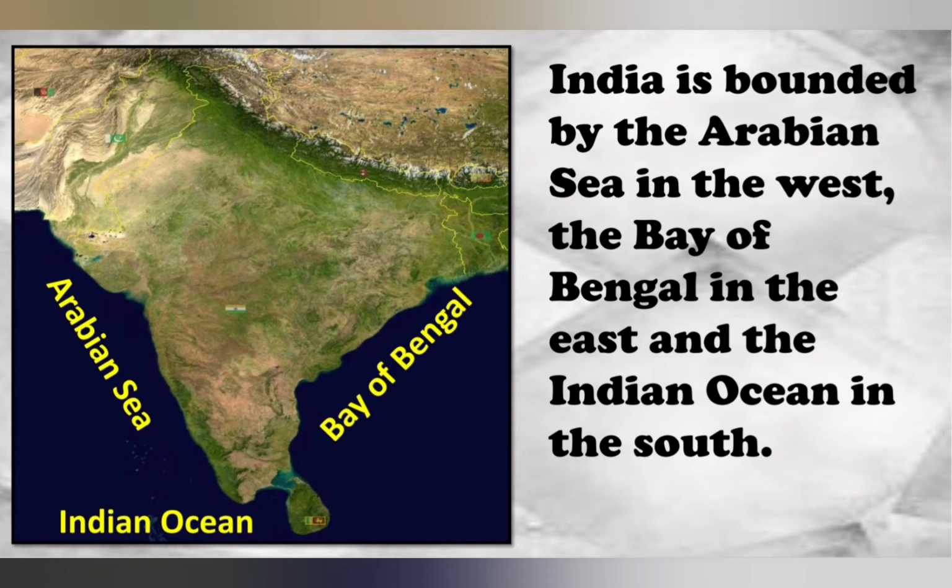This is also important because if a question is asked, which water body is in the west of India, your answer will be Arabian Sea. So, please remember this too.